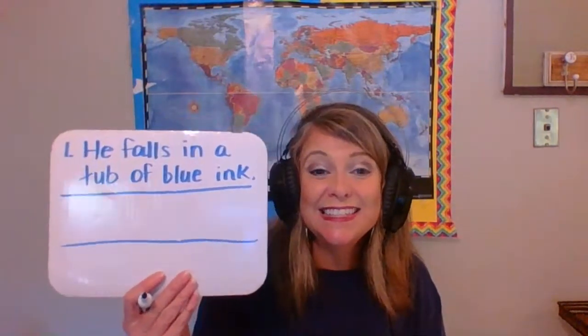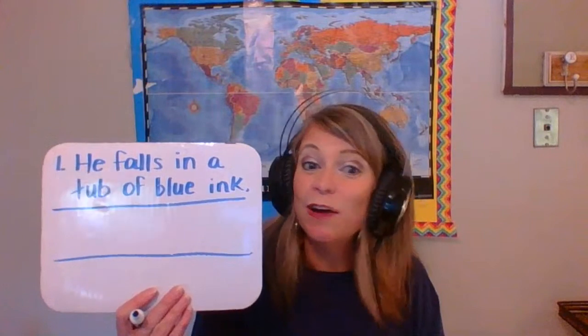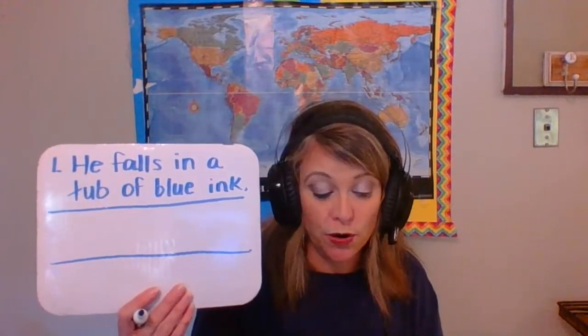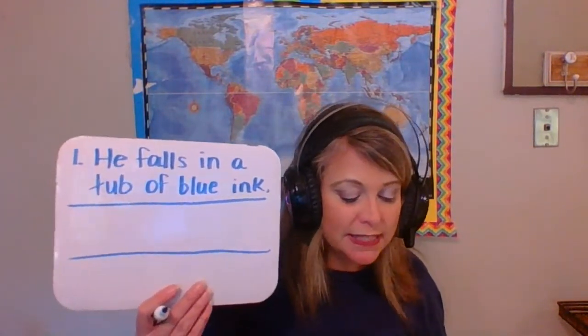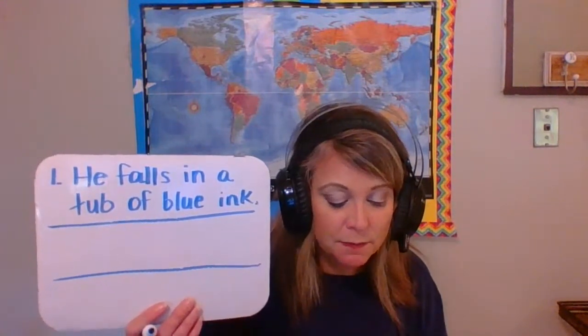What did he do to become blue? After he was getting that bone, he falls into a tub of blue ink. Now that's a detail of the story, not the main idea. One of the things that happened in the story is also a story part, but it's not the main idea.